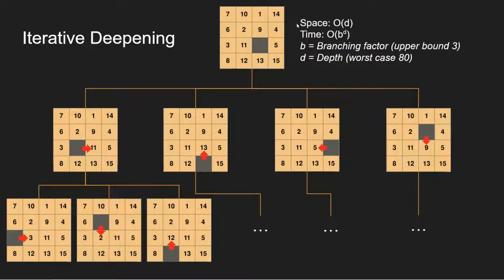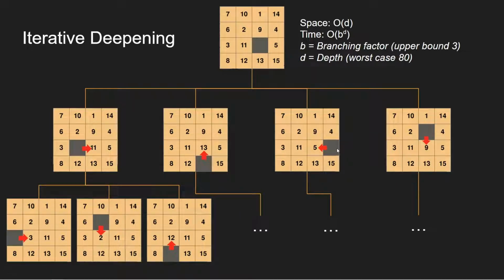The advantage is we've saved ourselves a lot of space. Breadth first search would have to store the next moves at every single level, which would explode over time. Whereas iterative deepening only needs your depth, D. That's how many nodes it has to remember at any given time. It still has the same time complexity, though, as breadth first search, because ultimately it's doing a breadth first search, which in our case, the branching factor, how many children each node could have, is roughly 3.